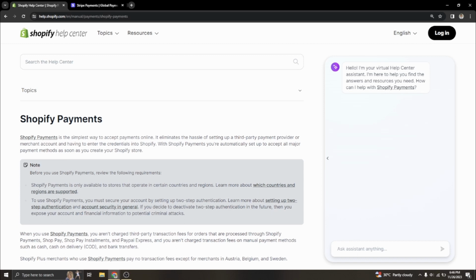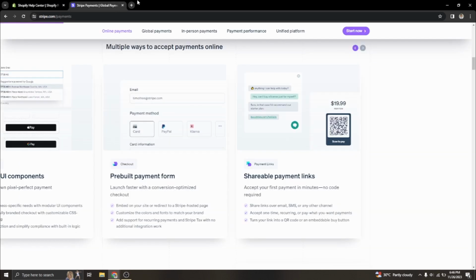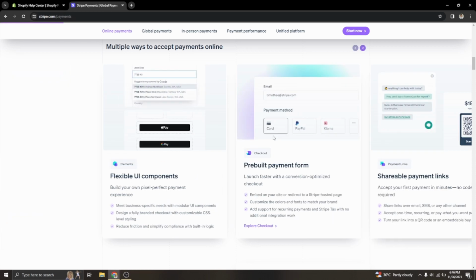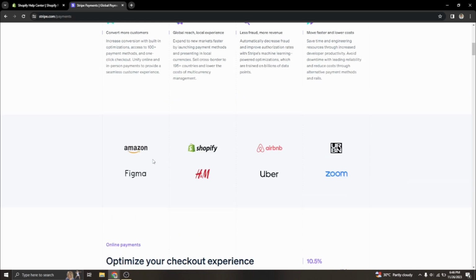This is a disadvantage of Shopify, and an advantage of Stripe, because Stripe is a platform for online payments. We have Amazon, Shopify, Airbnb, Urban, Zoom, Uber, H&M, and Figma.